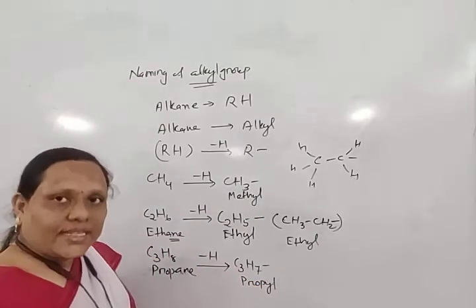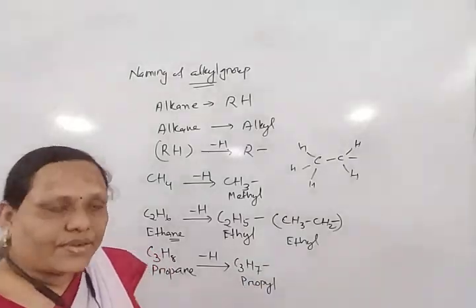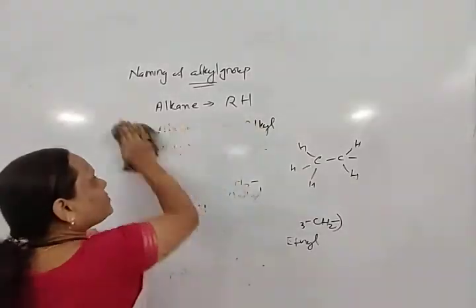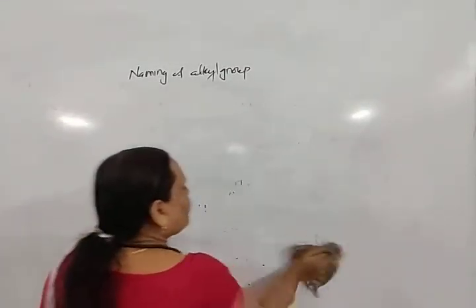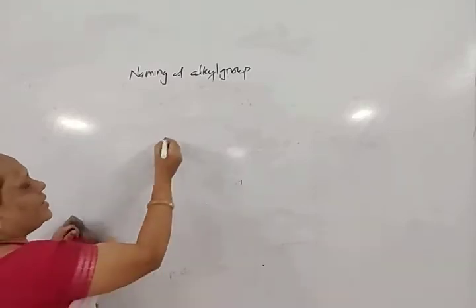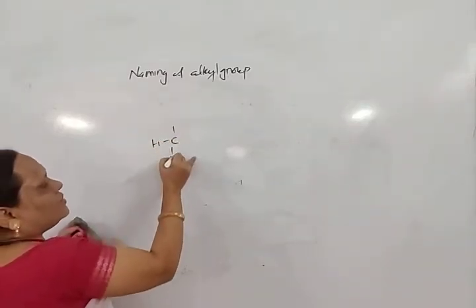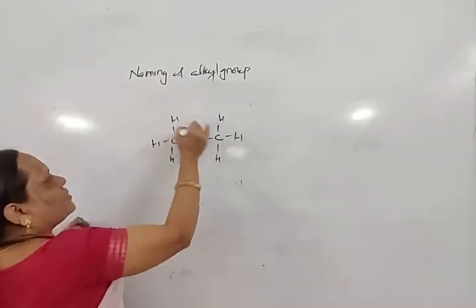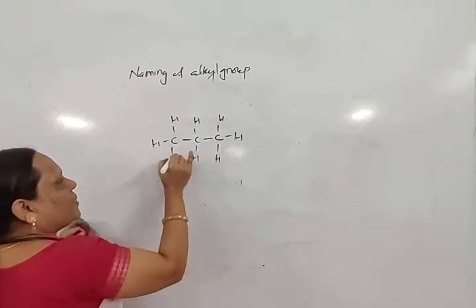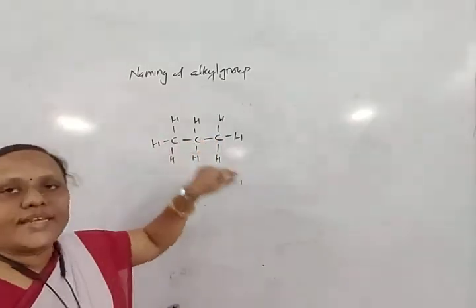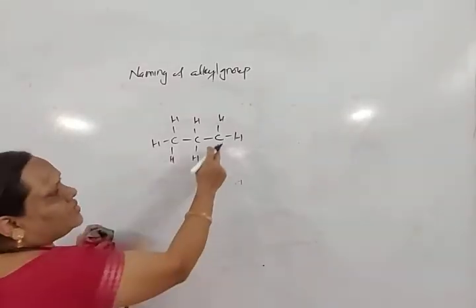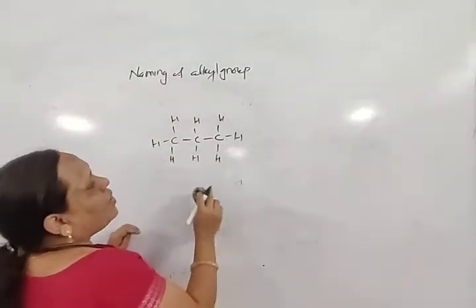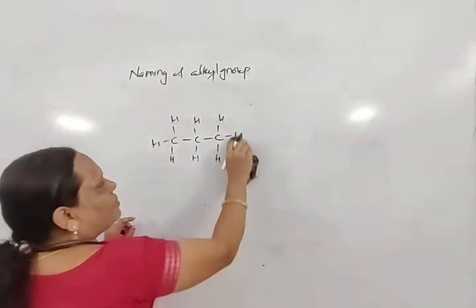Similarly, C3H7 can be represented in different ways. Look here. This is propane, C3H8, and hydrogen can be removed from the end carbon. These two end carbons are the same.